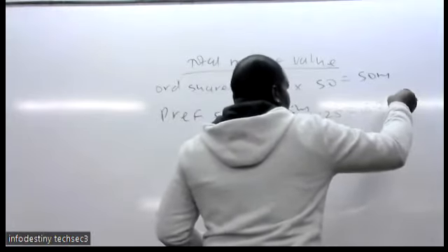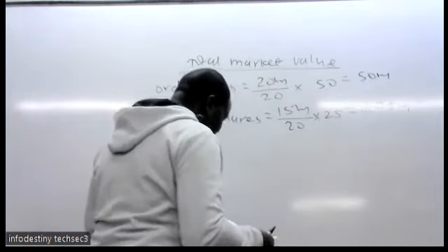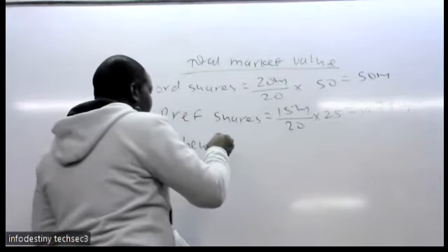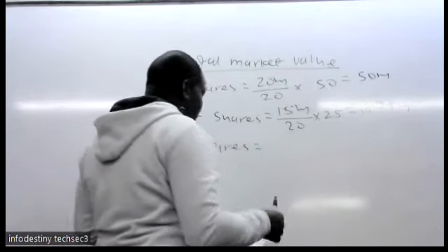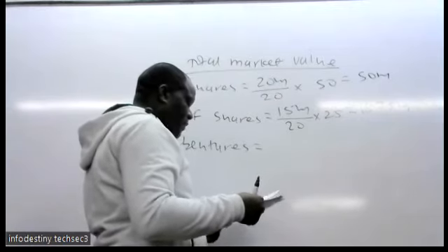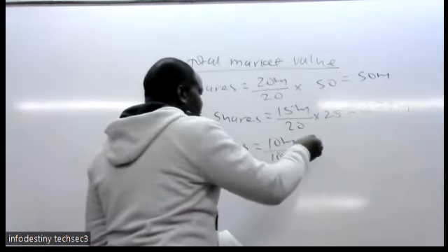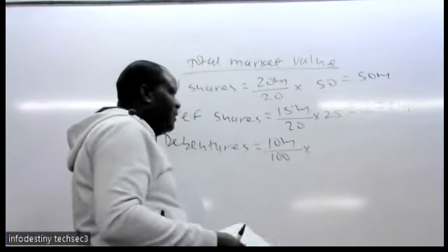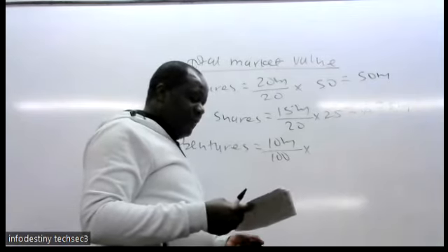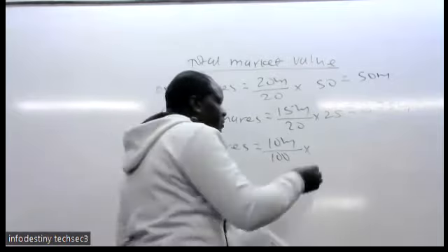18.75 million. Then the next one is meant to be the debenture. For the debentures, you take the 10 million divided by the par value, which is 100, multiplied by, in note number 4, they were currently trading at 110%. So that price we calculated, we got 110.